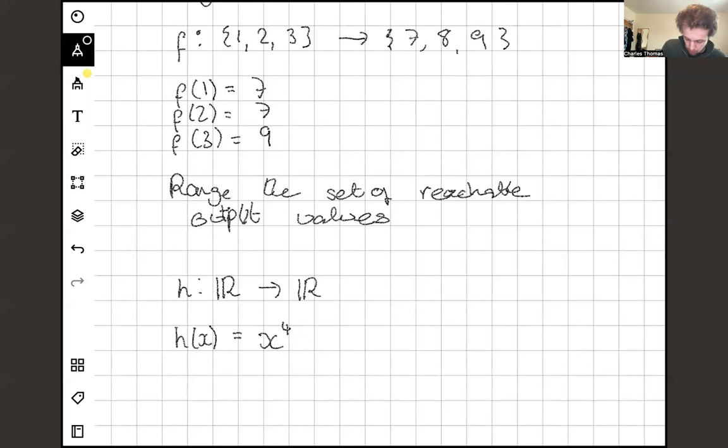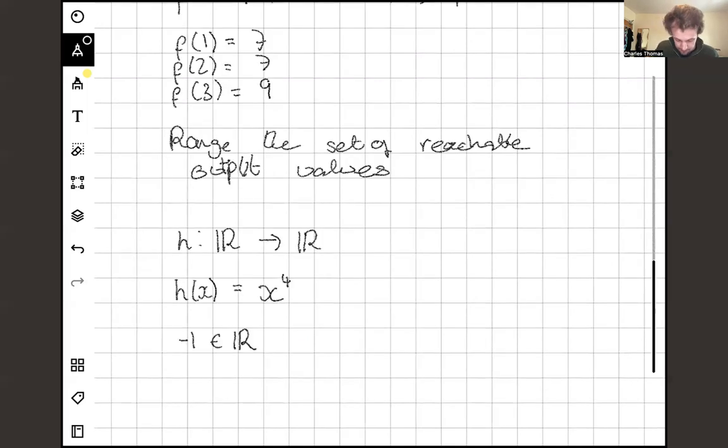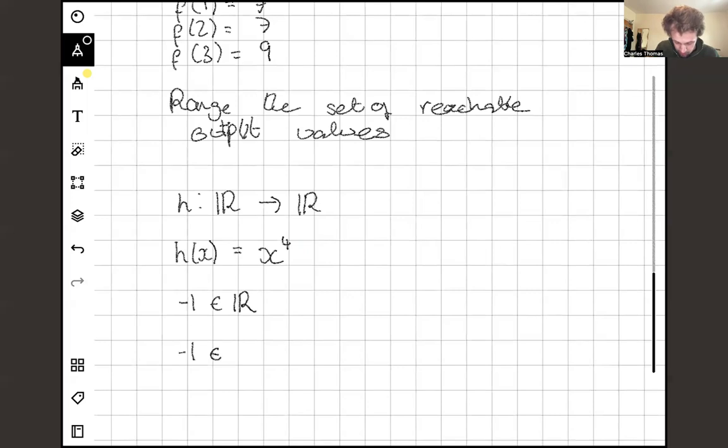Now, -1 lives in the real numbers, so it is in the codomain. But -1 is not in the range of h because no number, when you raise it to the fourth power, gives you -1.